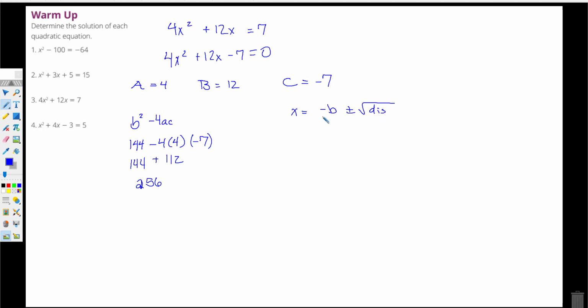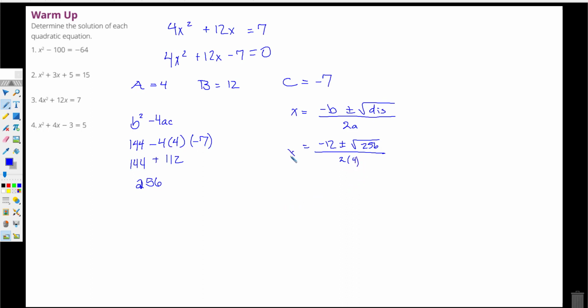And so we have x is equal to negative b plus or minus the square root of my discriminant, all divided by 2a. So negative b is negative 12 plus or minus the square root of 256, all divided by 2 times my a, which is 4.